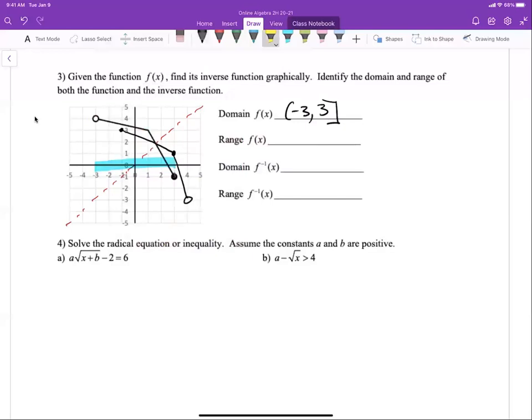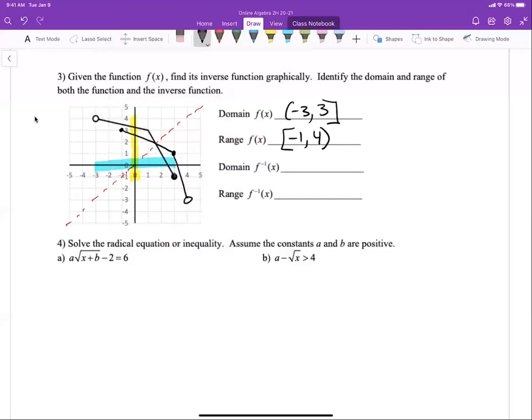My range of the original function started at negative 1 and went all the way up to positive 4. It didn't include positive 4, however. So negative 1 needs to be bracketed because it included it, and comma up to positive 4, and it's a parenthesis, which does not include it.